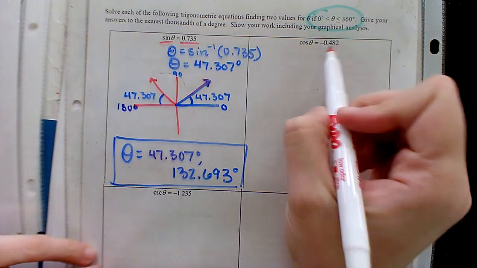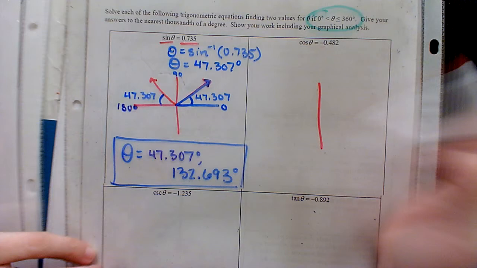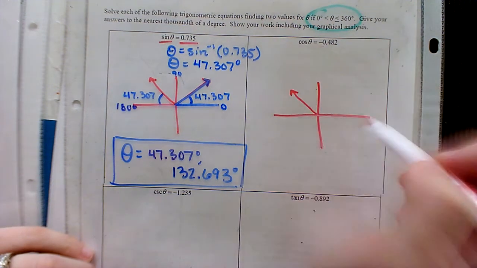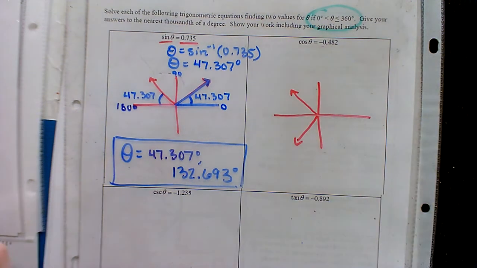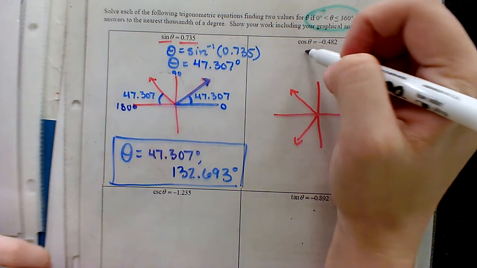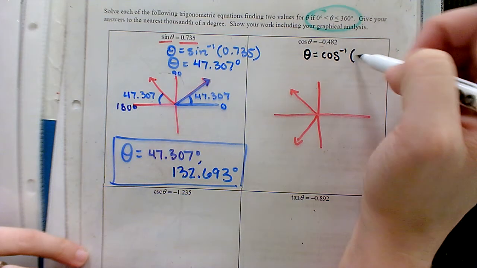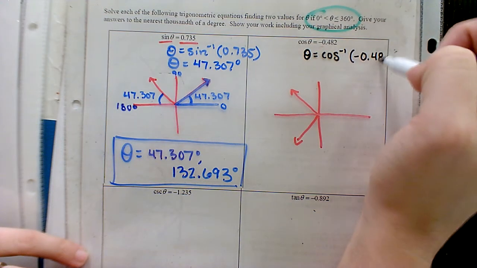We want a cosine value to be negative. If cosine is negative, which quadrants are we in? 2 and 3, right? Cosine is an x value, x is negative in 2 and 3. So we'll immediately draw those in. Let's go ahead and in the equation, we'll move the cosine over.